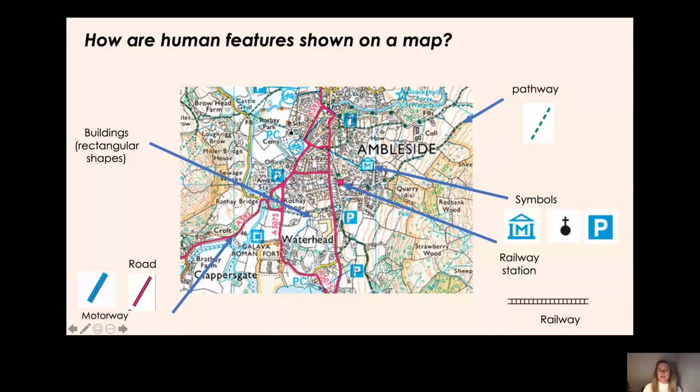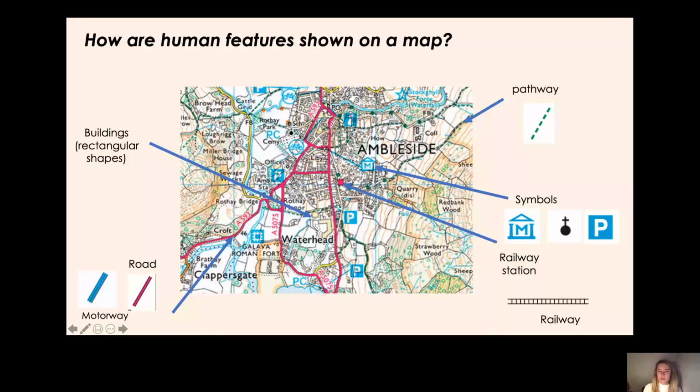Now, let's start with pathway. Can you see I've written pathway? And I have got under pathway a dotted green line. So we've got little dashes in a line with a little space in between them. And that shows a pathway. Now, a pathway is definitely a human feature because a human has made that path.